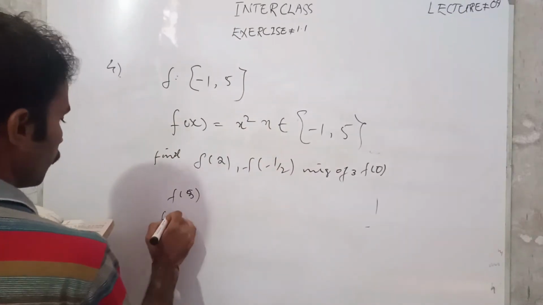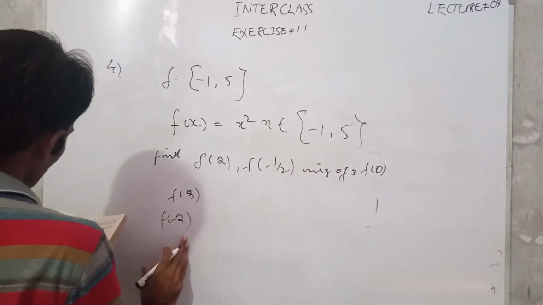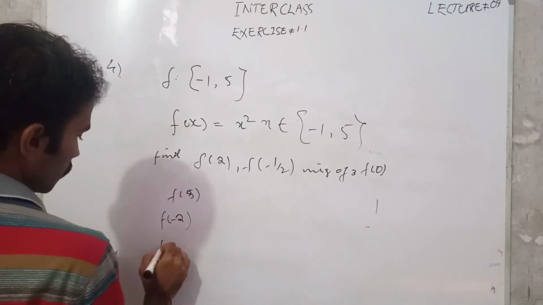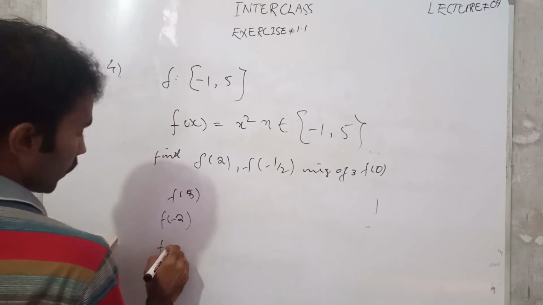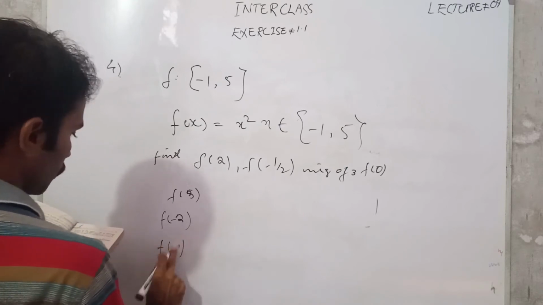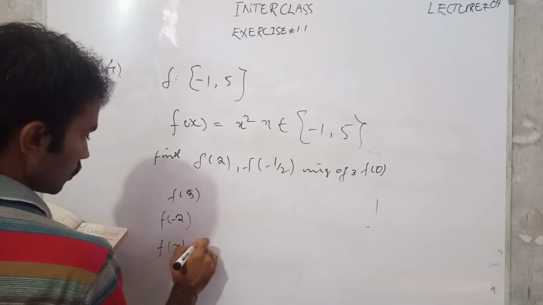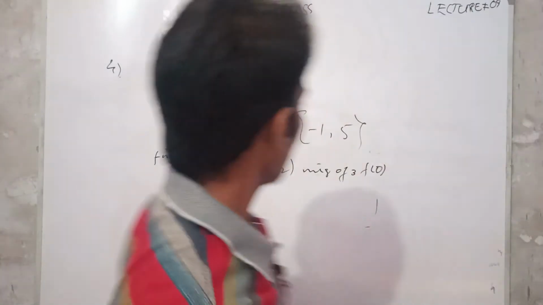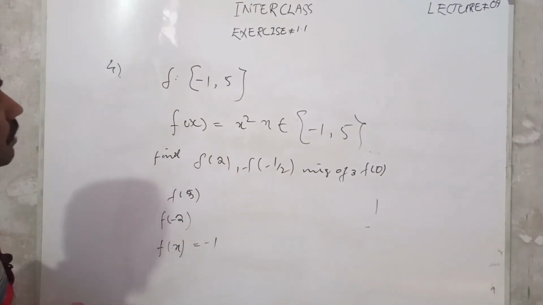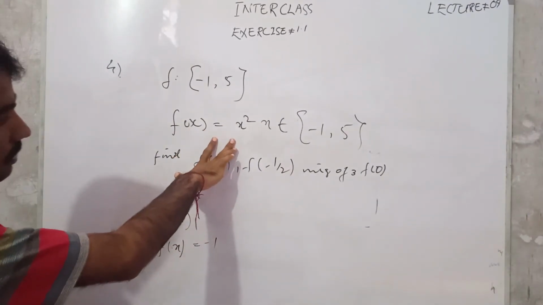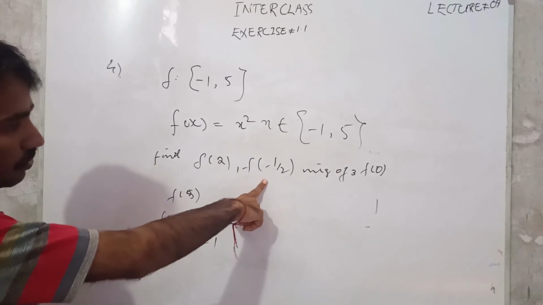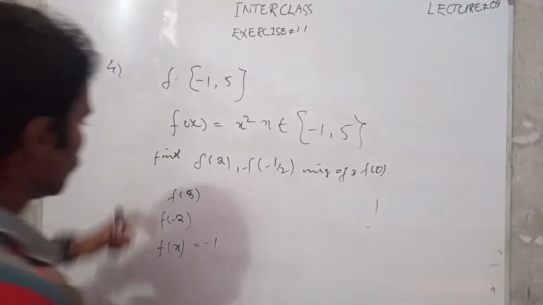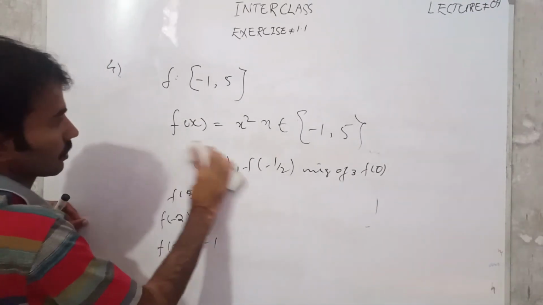Yes, f of -2. Does there exist a real number x such that f of x is equal to -1? So first of all, we will find the solution. We will put the values f of 2, f of -2, f of 0 and f of 5. Later on, we will move towards the third condition.